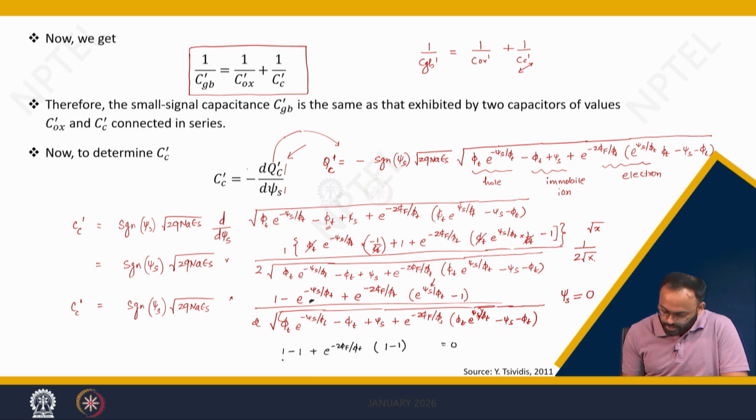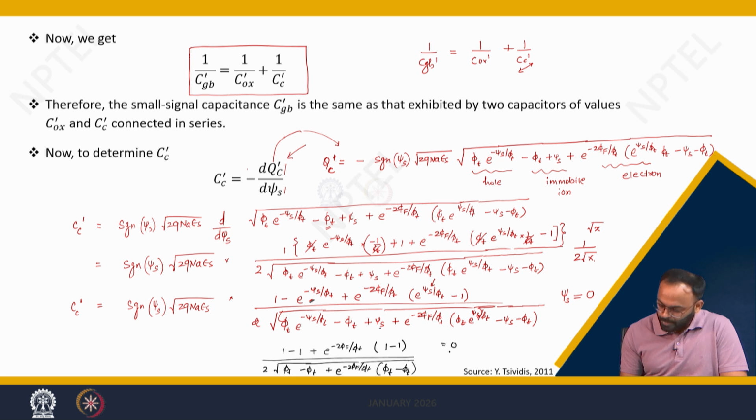What about the denominator? In the denominator, if you put psi s equals to 0, you will get phi t minus phi t, then psi s is 0, so plus 0 gone, then plus e to the power of minus 2 phi f by phi t into, again here if you put psi s equals to 0, you will get what? Phi t, psi s is 0, so phi t minus phi t.